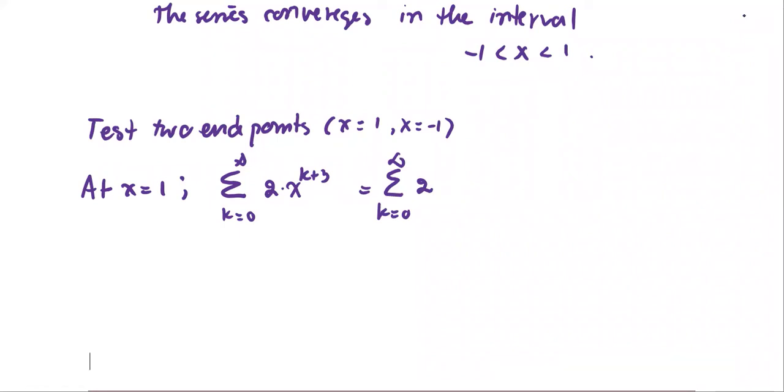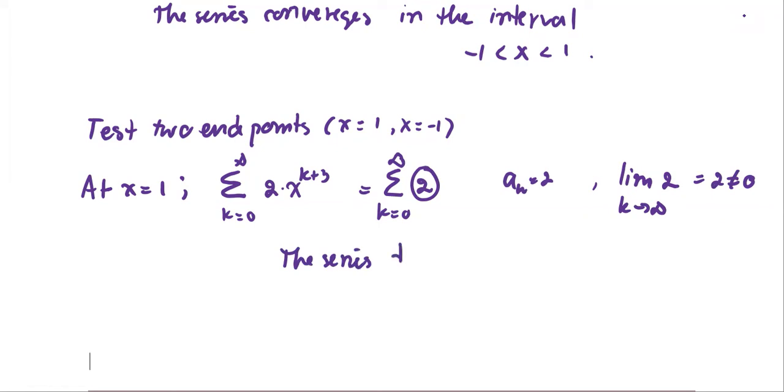And this is the term a_k equals 2. Take the limit of a_k as k approaches infinity, we get 2, which is not equal to 0. Therefore, the series diverges at x equals 1 by the divergence test.